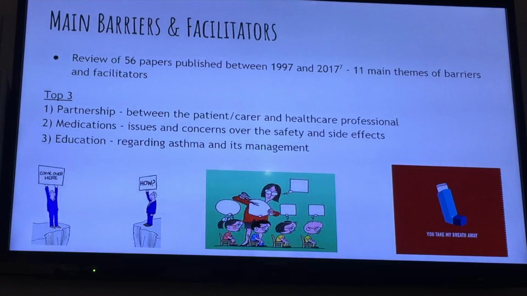In terms of education, there were complaints from both healthcare professionals and patients, with healthcare professionals bringing up having insufficient training with action plan use, and on the patient side, universal concerns about a lack of understanding about asthma, the controls and triggers, medication, as well as appropriate usage of inhaler and spacer.